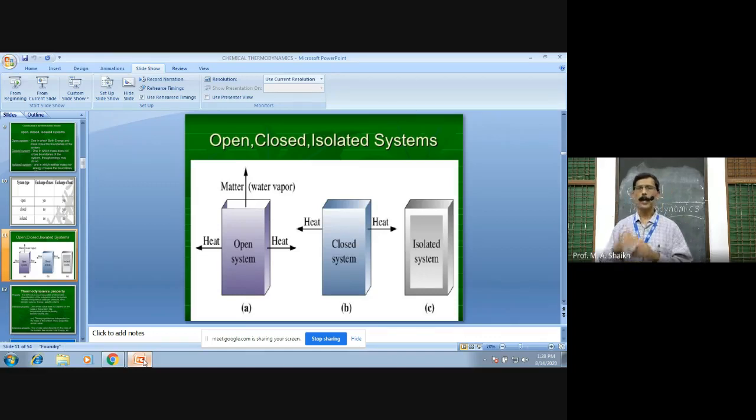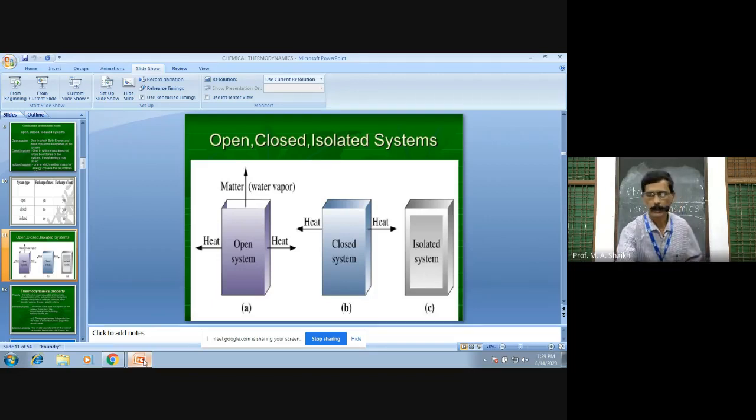Water vapor as matter cannot go from system to surroundings. Why? Because vessel is closed. And heat energy cannot go from hot water system to surroundings. Why? Because walls are insulated. When any wall is insulated, heat energy cannot go through that wall. So hot water in a closed and insulated vessel is an example of isolated system.